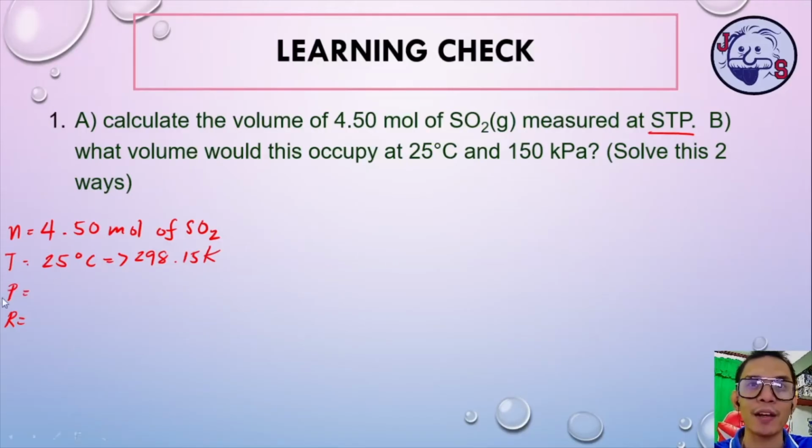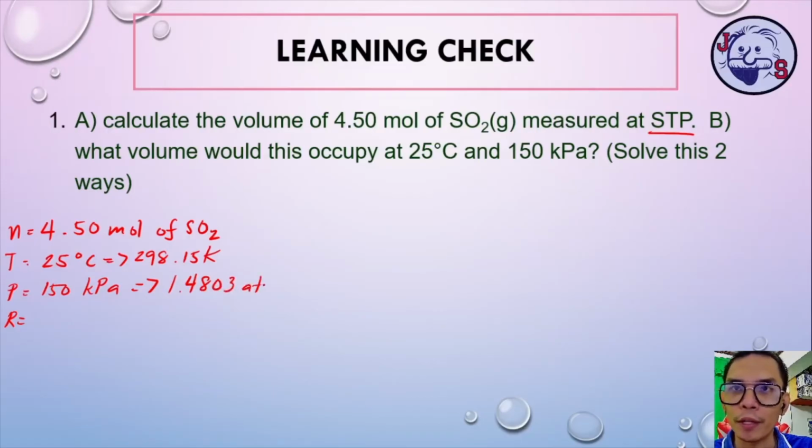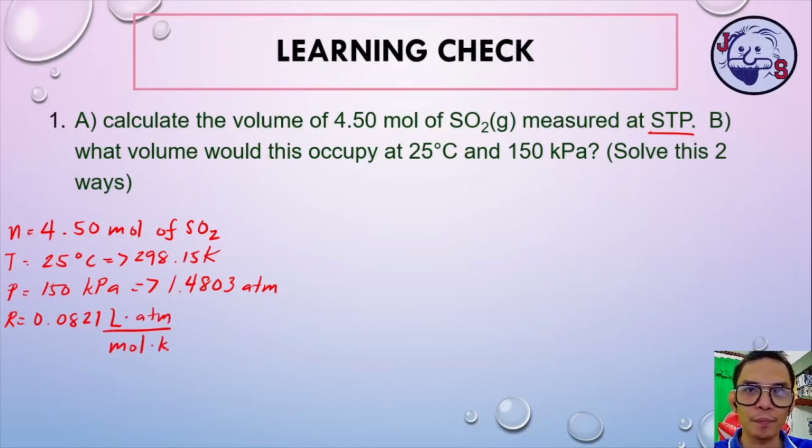So 150 kilopascal is 150 over 101.325, which is 1.4803 atmosphere. So our R is no longer in kilopascal; we are going to use liters atmosphere per mole Kelvin.